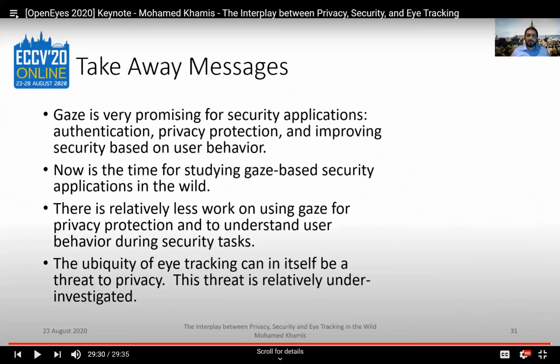If you record the user's eye movements, which in some situations is easier than recording the input on the screen, you could then learn the password or the eye movements that they're entering.